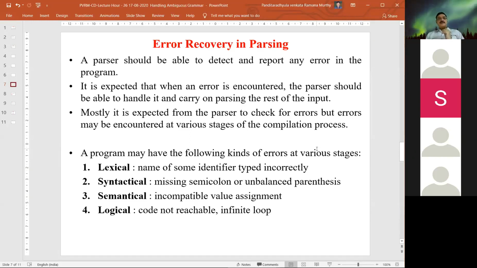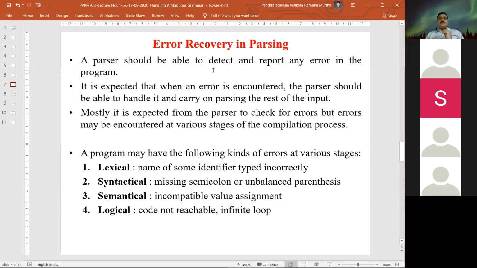So a parser is able to detect and report any errors in the program. If the statement is as per the syntax, it is saying it is correct. Otherwise, it is detecting an error.